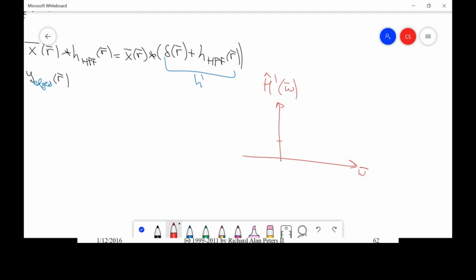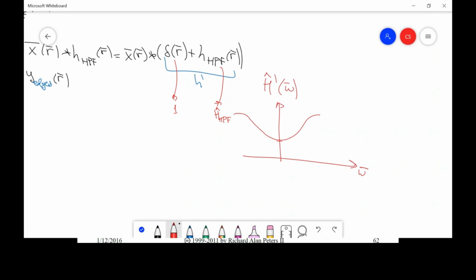So the Fourier transform of the delta is 1, and this, the Fourier transform is whatever that is. So it is 1 plus something. So 1 plus something is something like this, for a Gaussian.